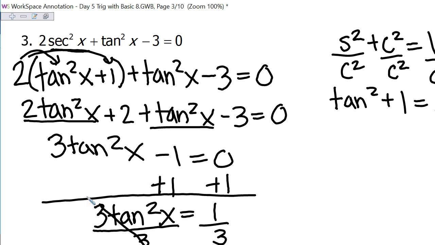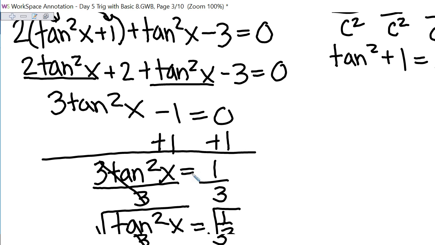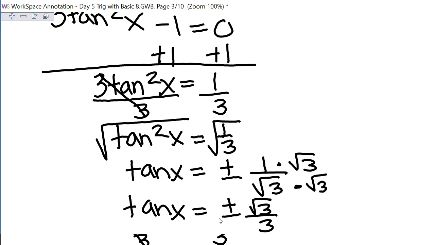Then when you square root, what do you need to remember? The plus or minus. So tangent of x is equal to plus or minus square root of 1 is 1. I'm going to leave this as square root of 3. And when you rationalize that, this would be tangent of x is equal to plus or minus square root of 3 over 3. And now tangent by itself, so now I can solve it.